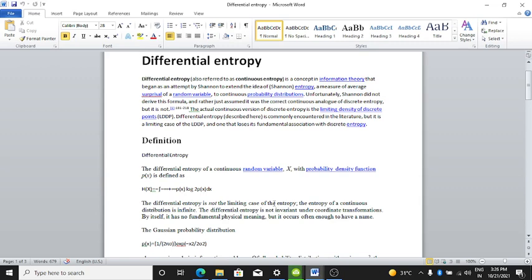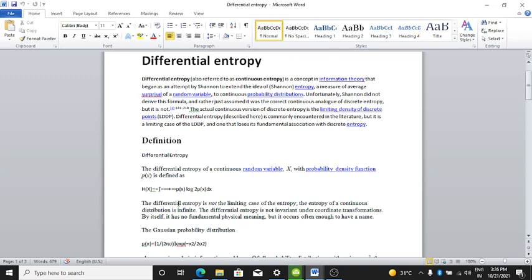Definition: the differential entropy of a continuous random variable X with probability density function p(x) is defined as h(X) = -∫ from -∞ to +∞ p(x) log2 p(x) dx.